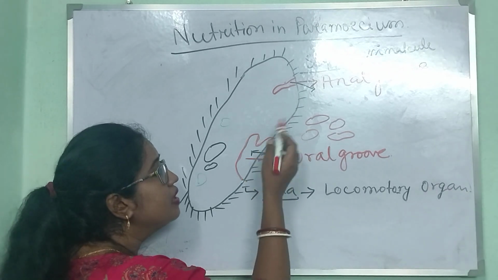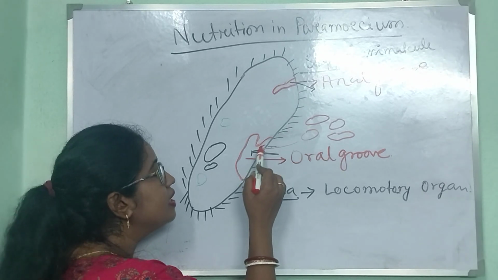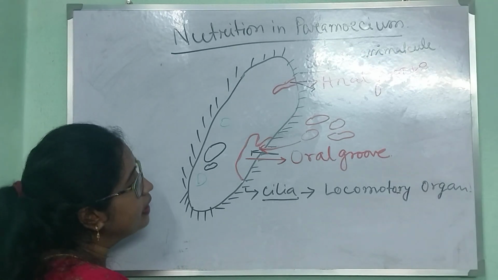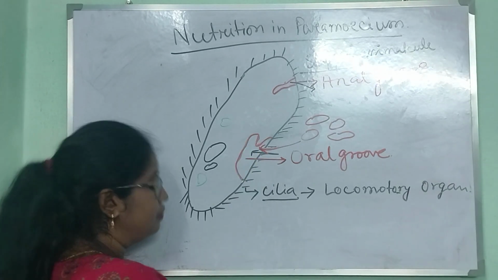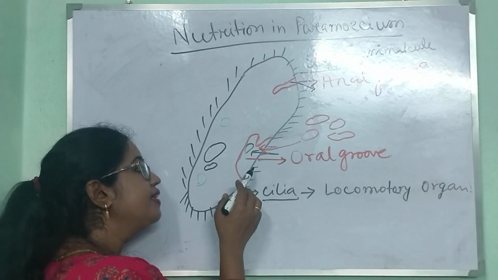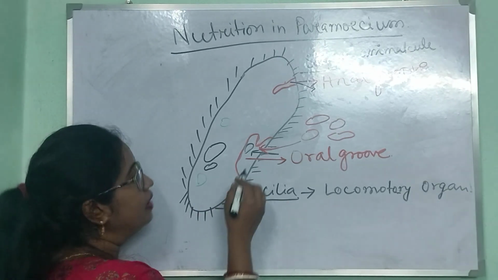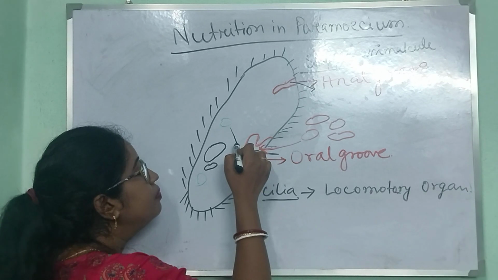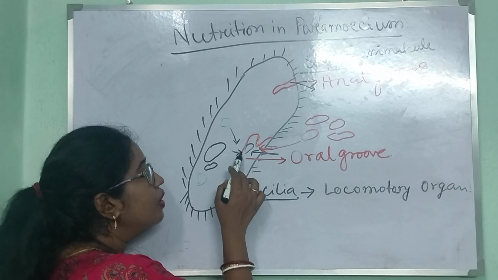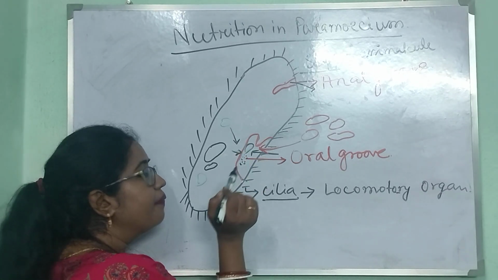When it reaches nearly the food material, it is actually ingested by this oral groove. Food material ingested in this oral groove. After the ingestion process happens, lysosome fuse with this oral groove and the enzymes are released here.